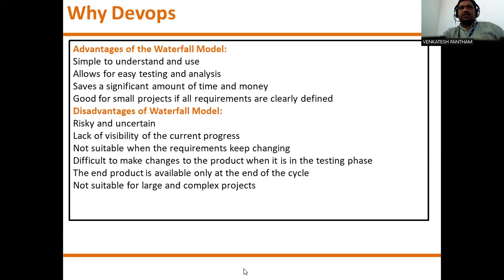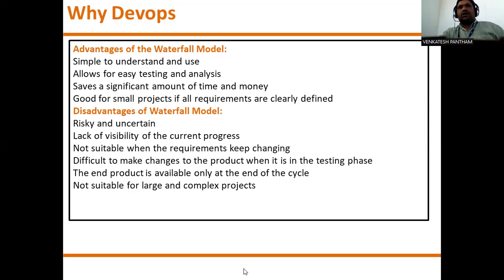The major advantages are that it is very simple to understand and use, and easy for testing and analysis. The disadvantages are that it is not suitable for large and complex projects, and it is difficult to make changes to the product during the testing phase.